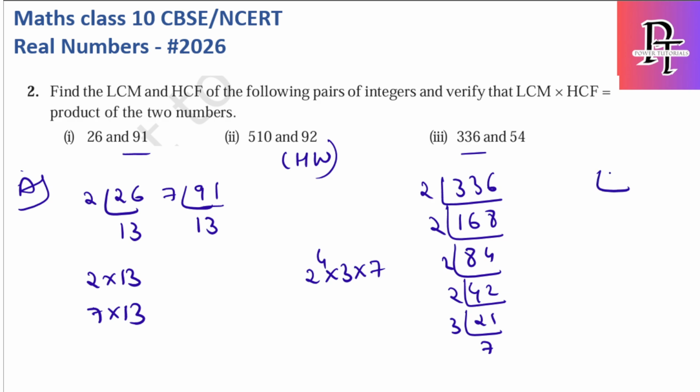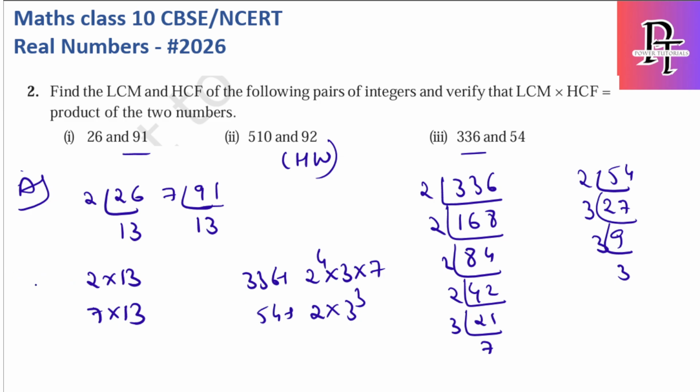What about 54? 2 twenty-sevens are 54, then 3 nines are 27, 3 threes are 9. It is 2 into 3 cube. This is for 336, this is 54. What about here, 26 and 91?